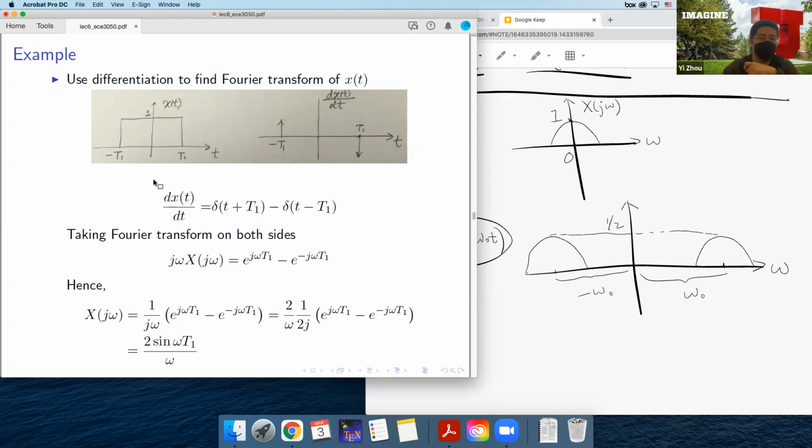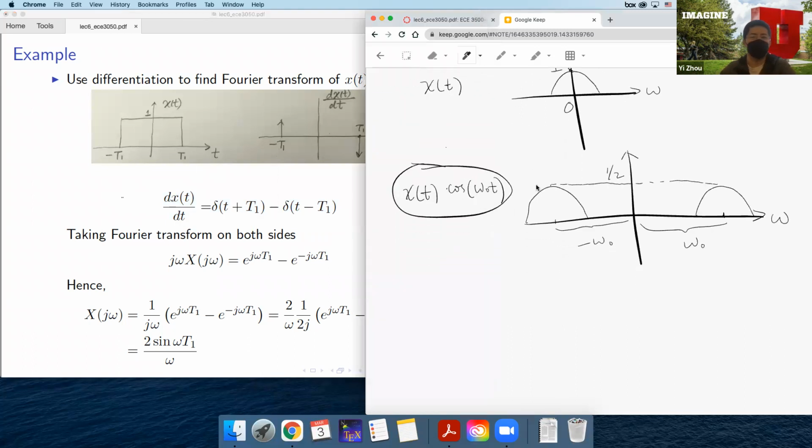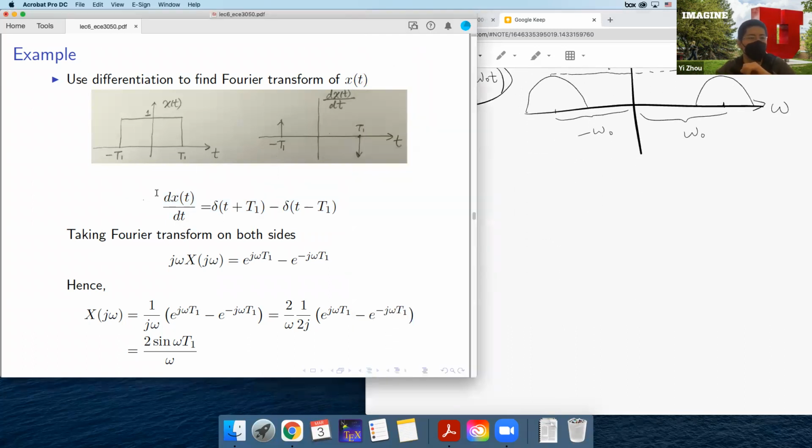And we know that impulse signals are very simple to deal with in the Fourier transform. Now, this is an equation. This means left-hand side equals right-hand side. So I can take the Fourier transform on both sides. Taking the Fourier transform on the left-hand side, we can directly use the differentiation property of the Fourier transform.